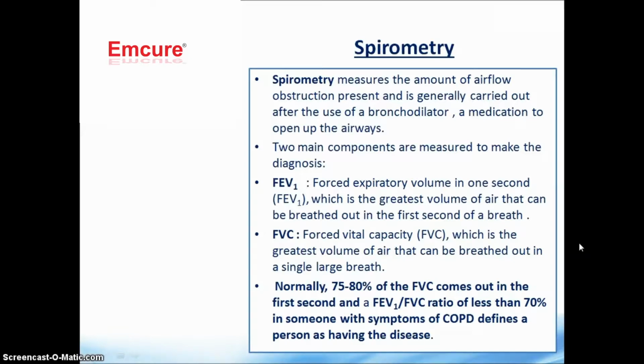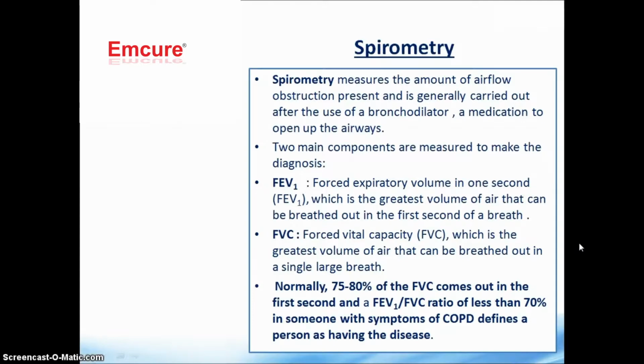Forced vital capacity is the greatest volume of air that can be breathed out in a single large breath. So the amount of air you breathe out in 1 second is FEV1, and FVC is the total amount of air which you breathe out in a single large breath.